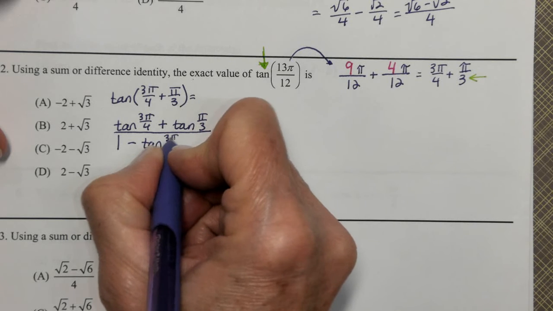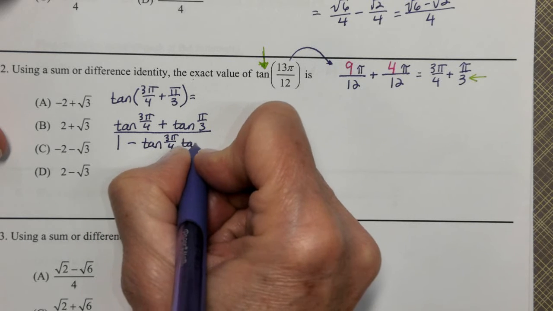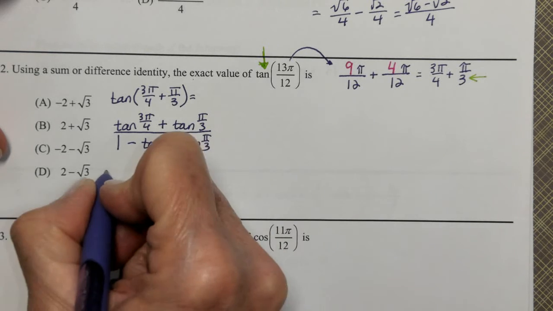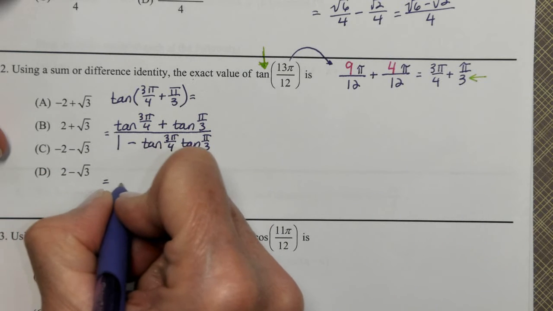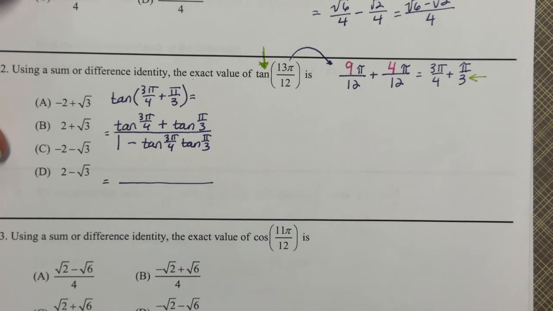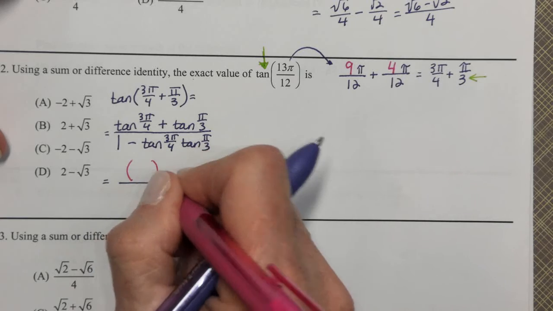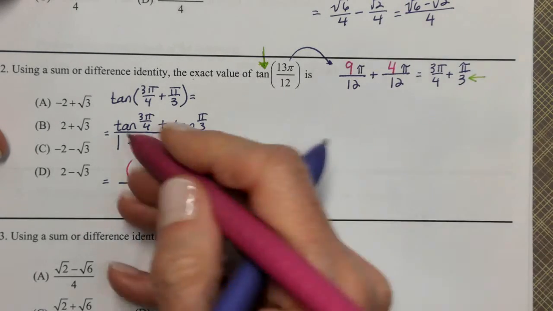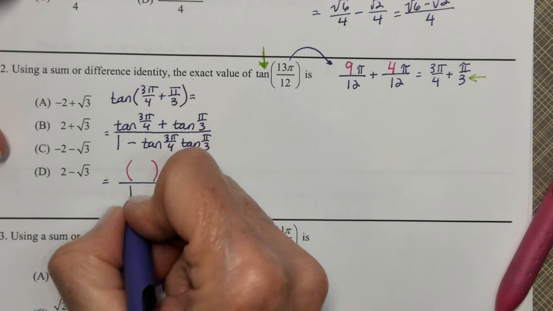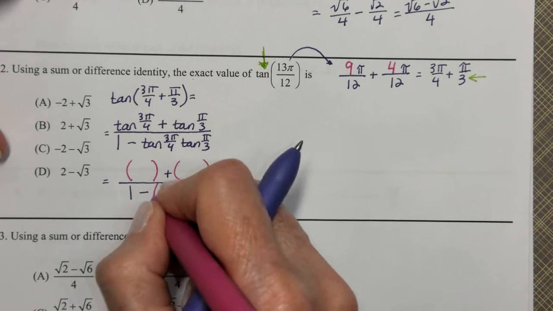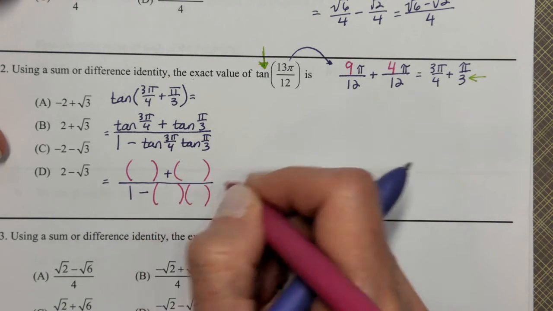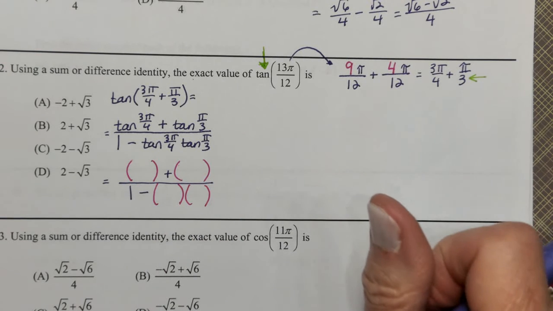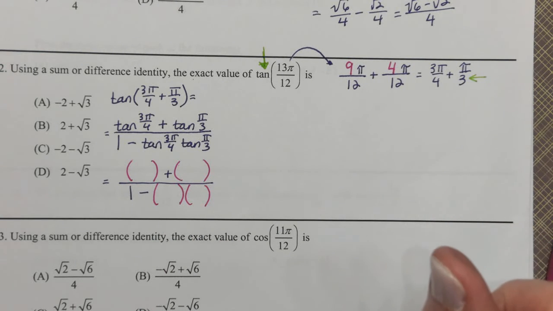Tangent of 3 pi over 4, tangent of pi over 3. Okay, so I'm going to need something for tangent of 3 pi over 4 and tangent of pi over 3. And then on the bottom I'm going to have a 1 minus tangent of 3 pi over 4, tangent of pi over 3. I like to set those up with the parentheses, make sure I got everything filled in.